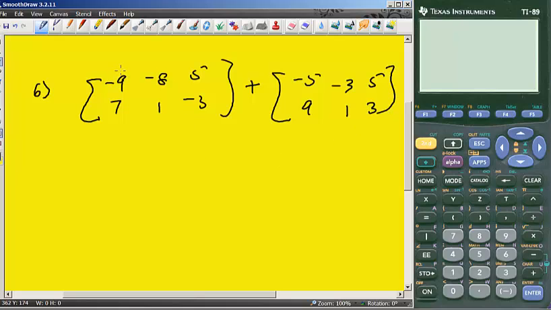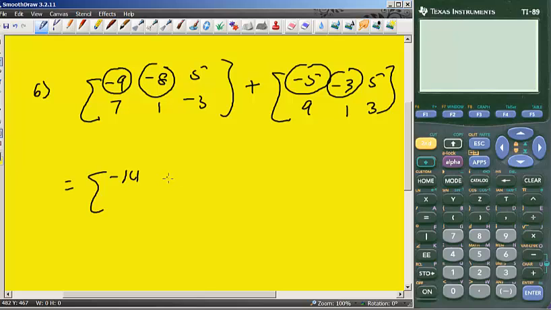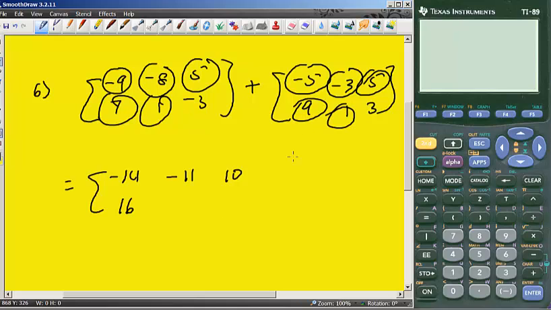Okay, that means you're going to add what's in the first row, first column to first row, first column. So that is going to give us negative 14. Then first row, second column to first row, second column. That is going to give you negative 11. And then 5 plus 5, which will give us 10. And then 7 plus 9, which is going to give us 16. 1 plus 1, which is 2. Negative 3 plus 3, which is 0. And that is your new matrix when you add that.